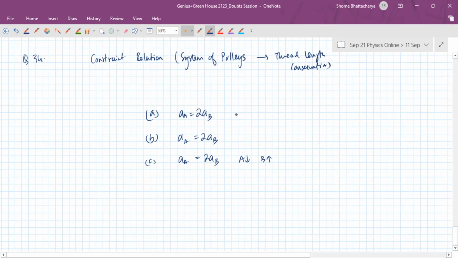In this case, you'll get the same: B is going up, A is going down. In this case, B is going down and A is moving horizontally like this.